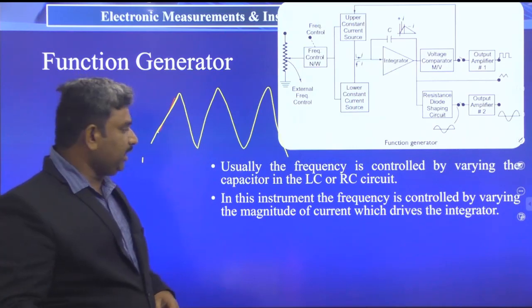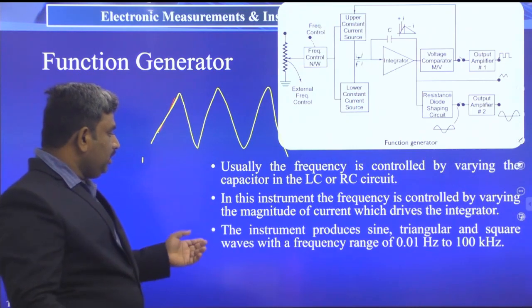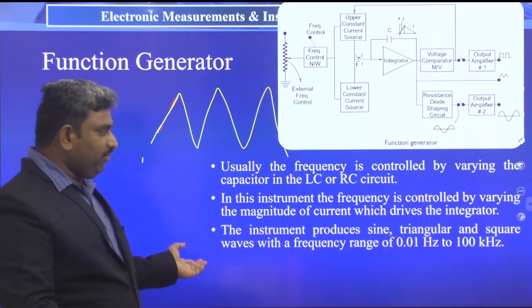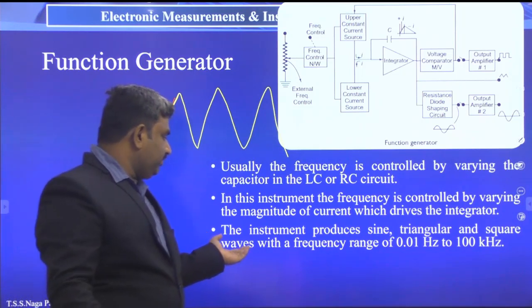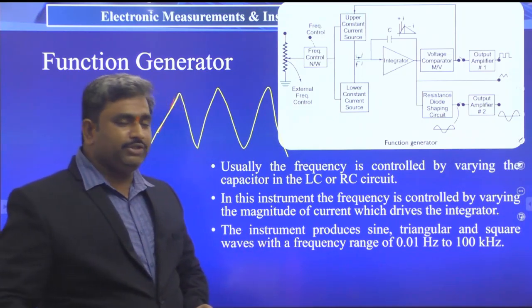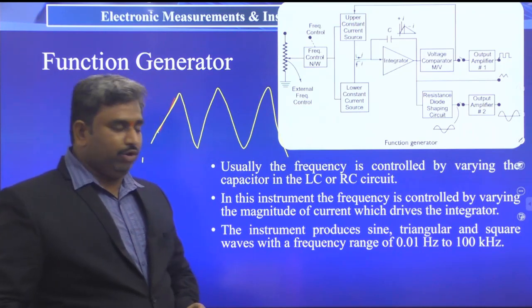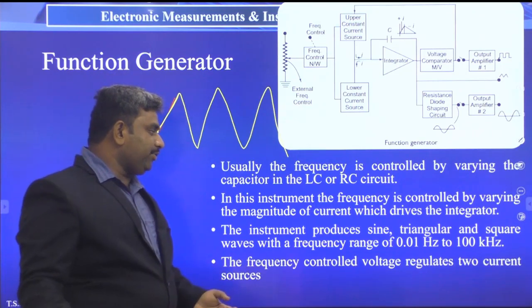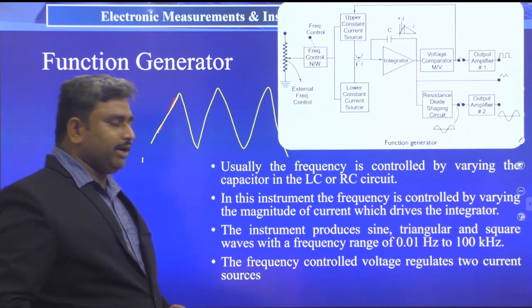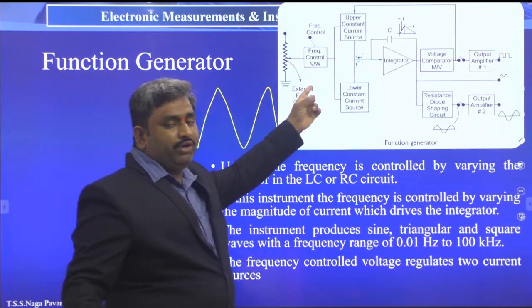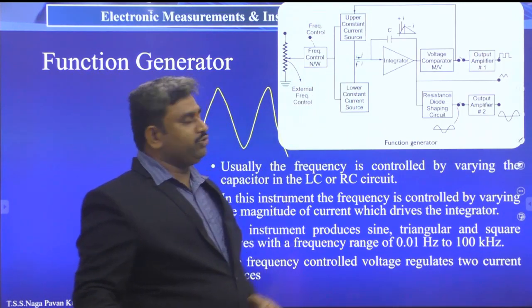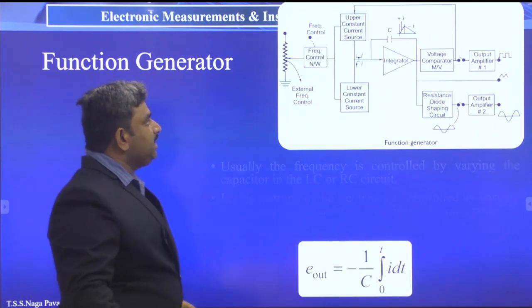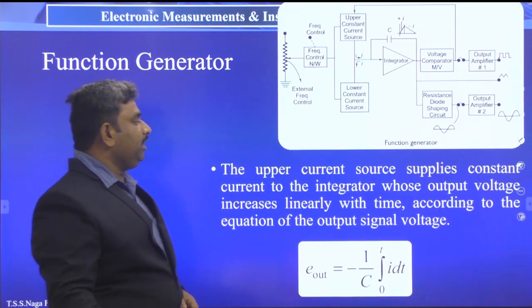The instrument provides sine, triangular and square waves with a frequency range of 0.01 Hz to 100 kHz. The frequency control voltage regulates two current sources: one is the upper constant current source, the second is the lower constant current source.